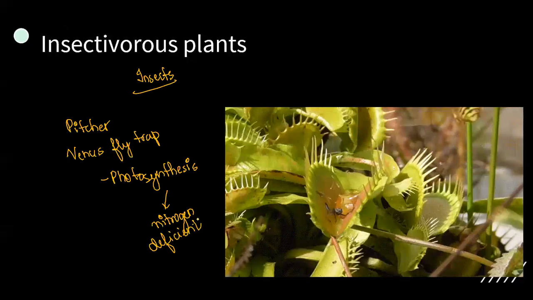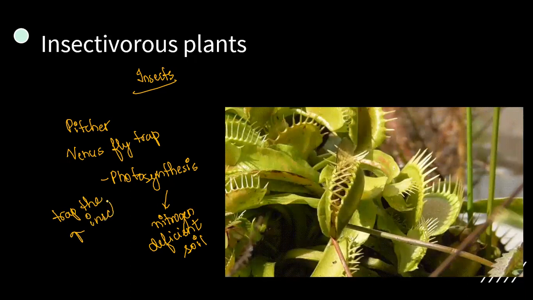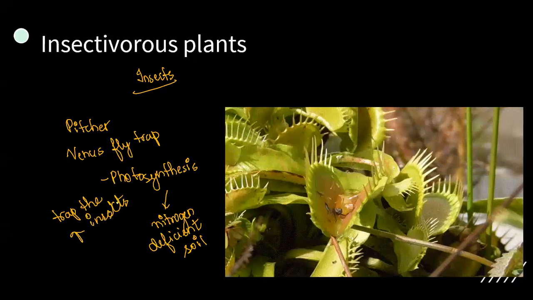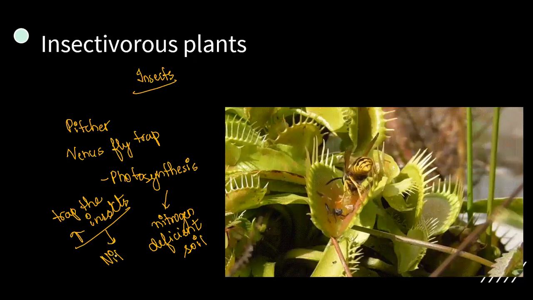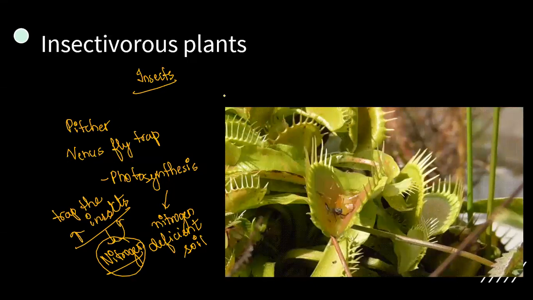So to meet their requirement of nitrogen, they trap the insects and get the nutrients from the insects. That is, they get the nitrogen requirement from the insects. So these plants are called the insectivorous plants.